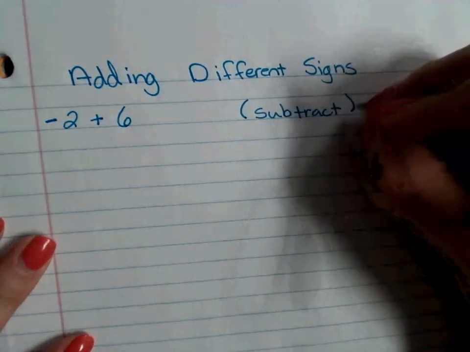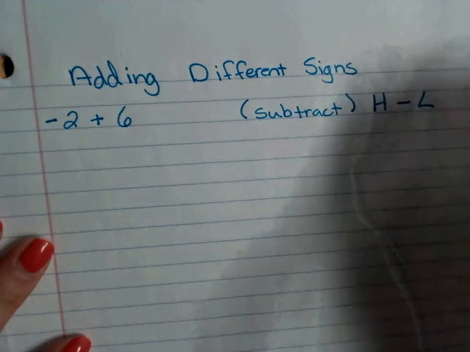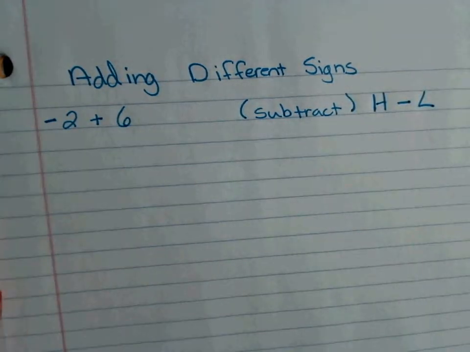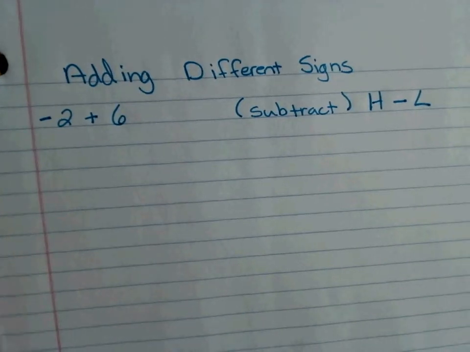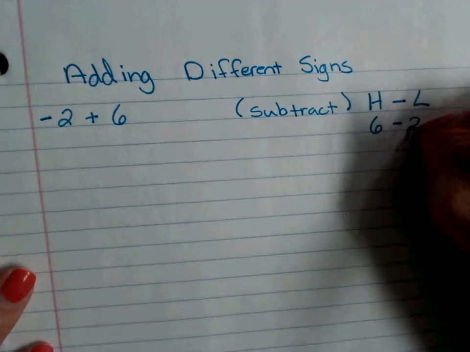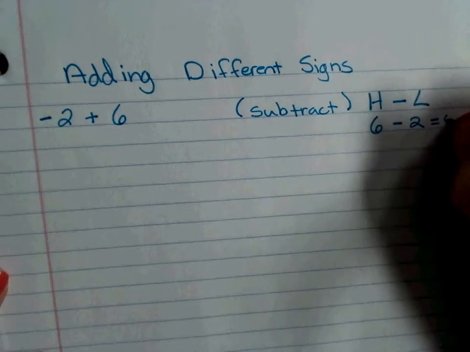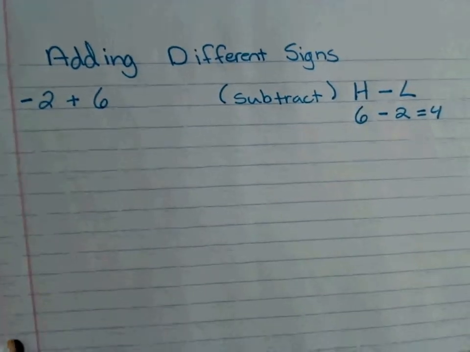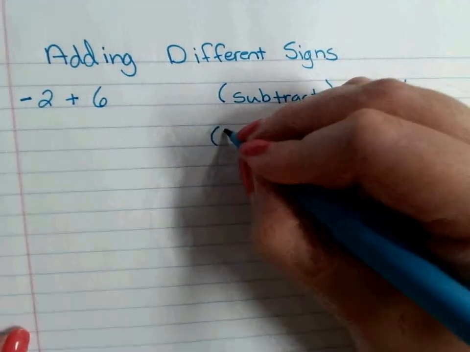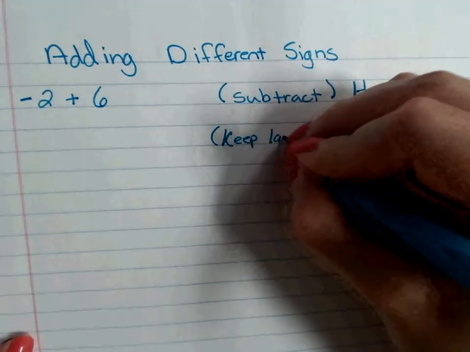You're going to take your highest number and subtract your lowest number. We're not going to focus on the signs right now. So we're focusing on the fact that we have a 2 and a 6. Which one's higher? 6. So we're going to take the 6 and we're going to subtract a 2, just like normal, which would give us a 4. Then we go to the idea that we're going to keep the sign of the larger number.